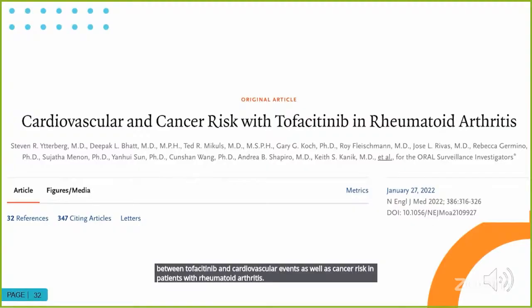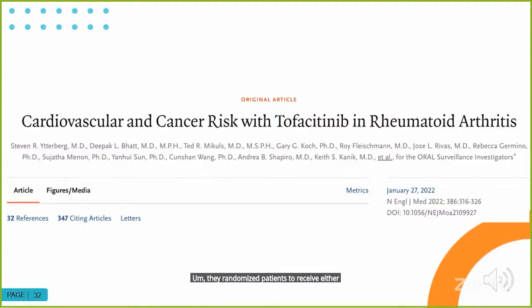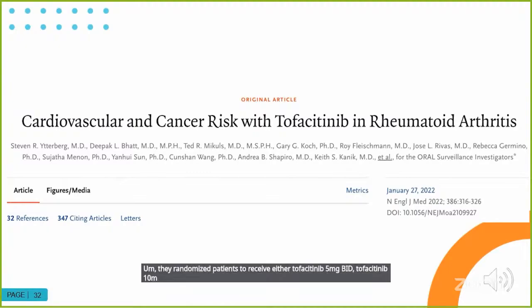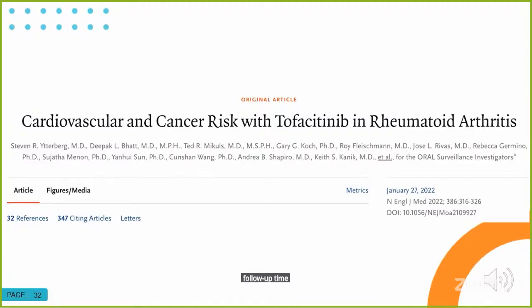They randomized patients to receive either tofacitinib 5 milligrams BID, tofacitinib 10 milligrams BID, as well as TNF-alpha inhibitors, with the primary endpoint of major cardiovascular events and cancers, and a median follow-up time period of 4 years.